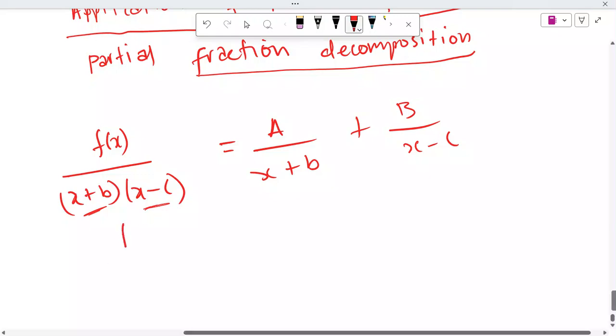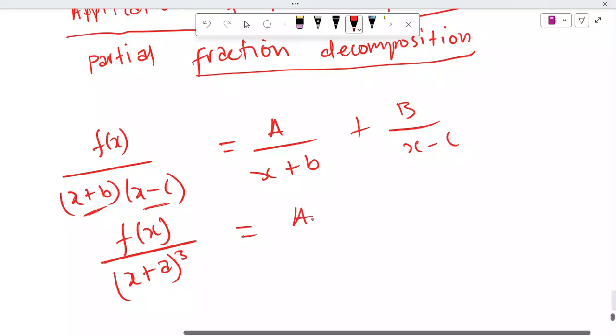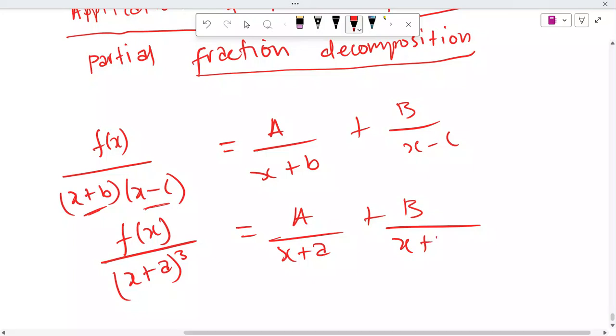So let's say you also have another standard form. Let's say we have x plus a, but this time raised to the power 3. So this is linear as well, inside, but repeating. So you have a over x plus a, then b over x plus a squared.